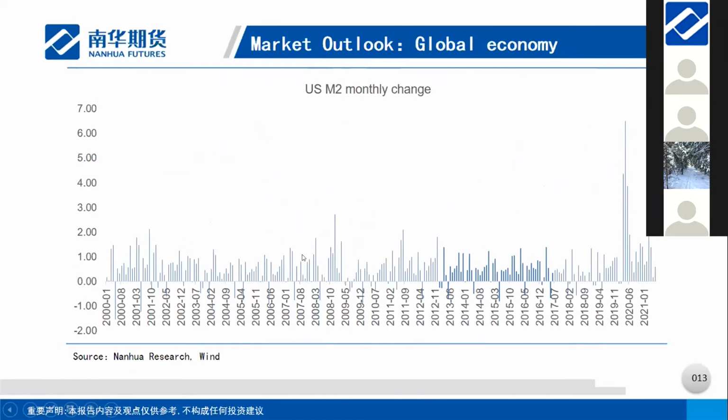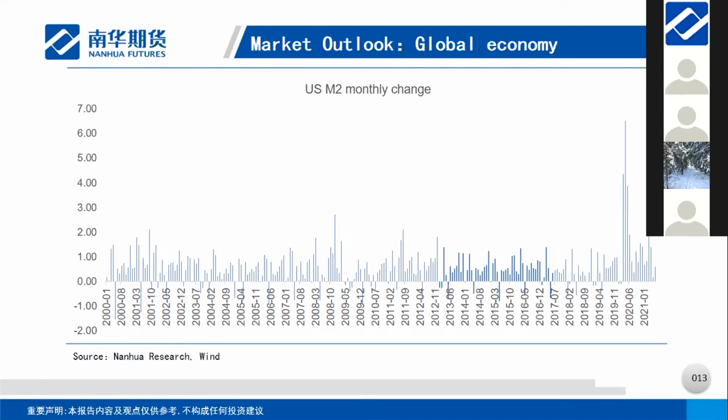Then for the market outlook, let's first focus on the global macro situation. Since the outbreak of the coronavirus epidemic, the loose monetary environment has brought a macro foundation for the rise of oil prices, as we know.